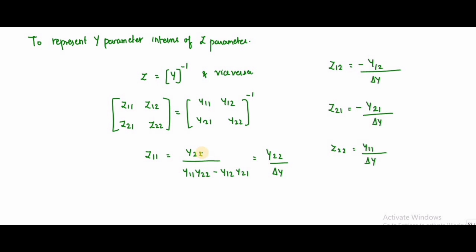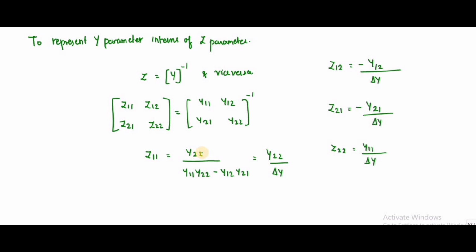Similarly, for y parameter, I need to make the voltage 0, that is, I need to short circuit that one. So that is the only point that I have to mention here.